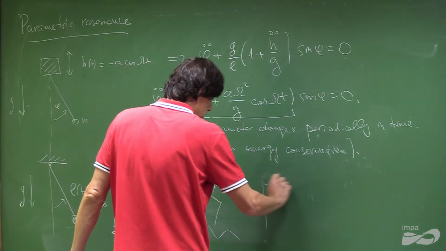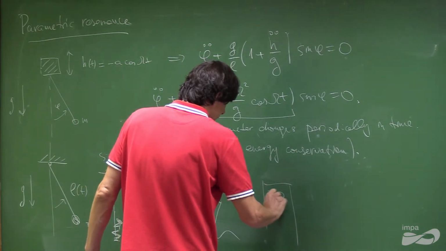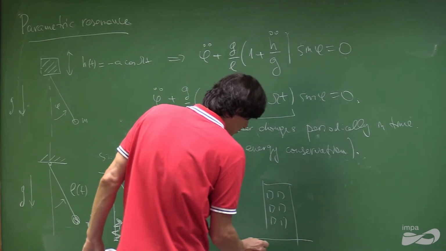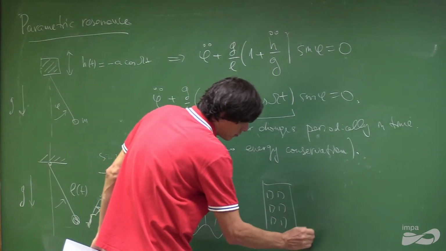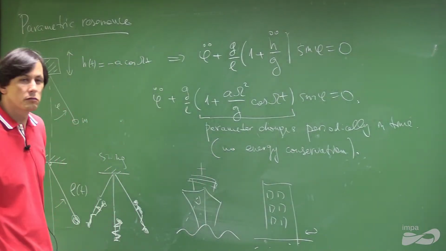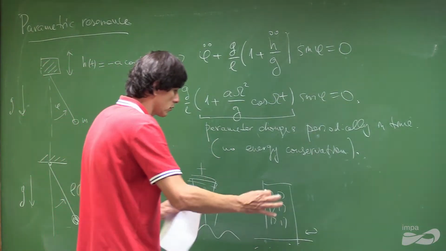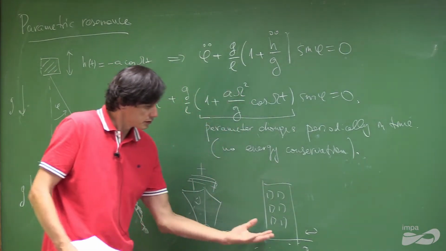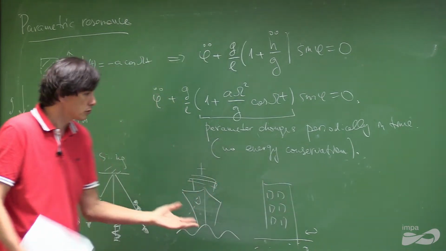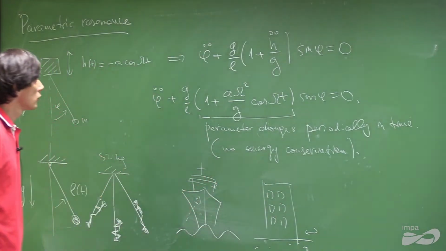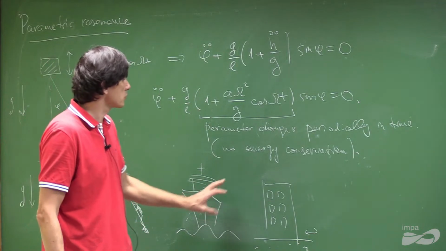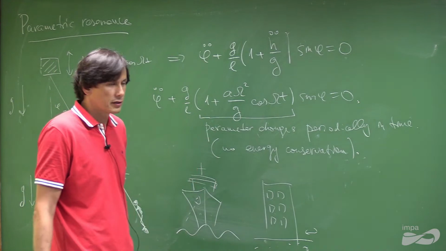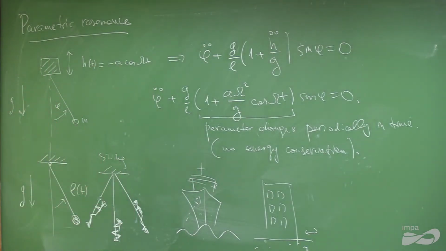Or there are similar problems when you have an earthquake. So it's also the moving support, up or down. The foundation moves. So these are situations where it's not a force directly which is applied, but the parameters change periodically in time. So this is a large class of systems which we'll consider.